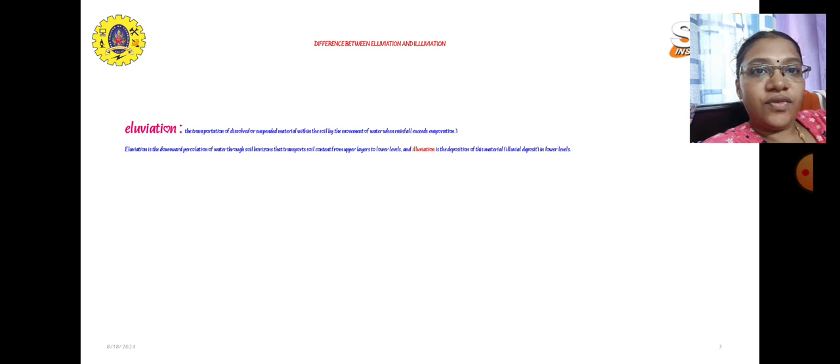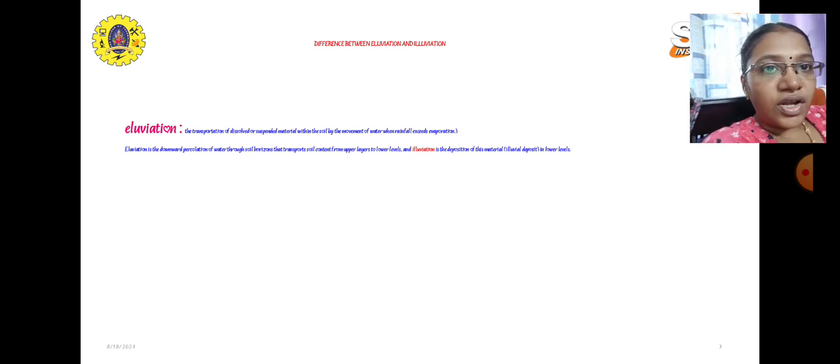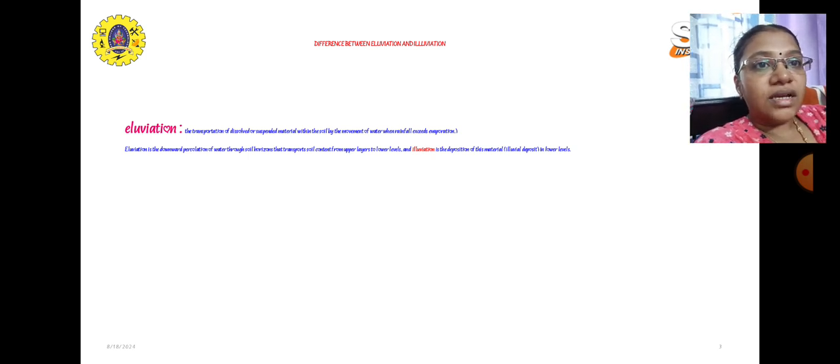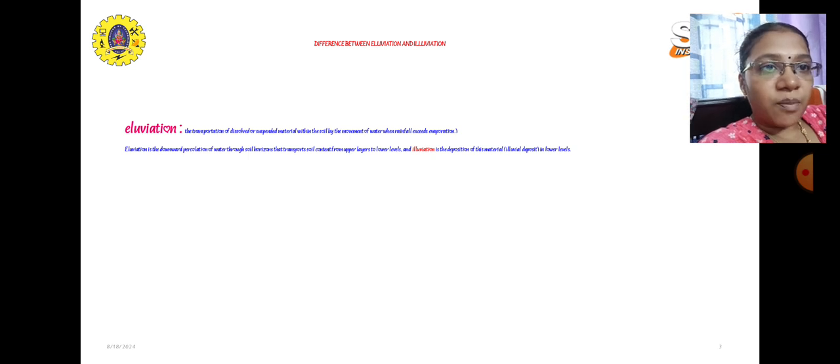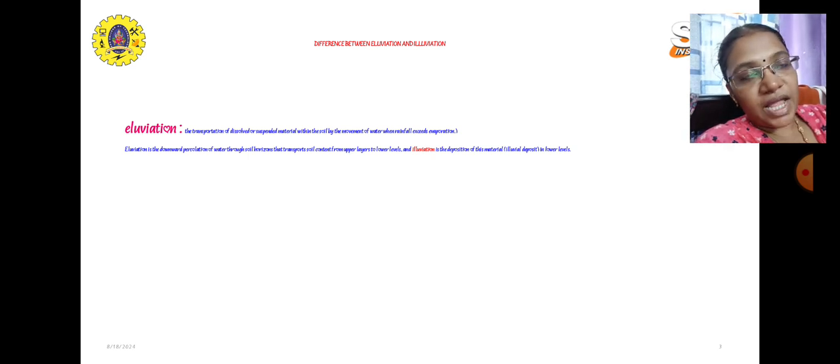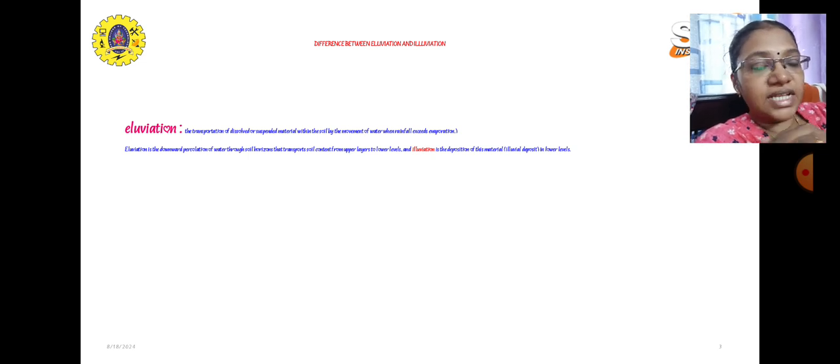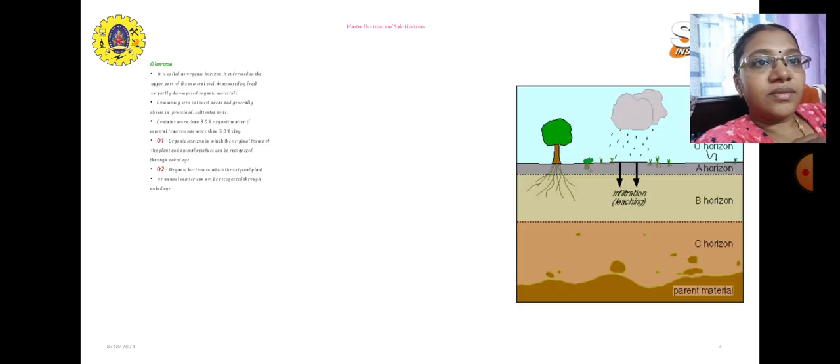So eluviation is the downward percolation of the water through the soil horizons that transports the soil content from the upper layers to the lower layers, and illuviation is the deposit of this material in the lower layers. So at the top layer of the soil, where the water or materials get removed, is called eluviation, and that which gets deposited as a material is called illuviation. And the master horizon and the sub horizons.